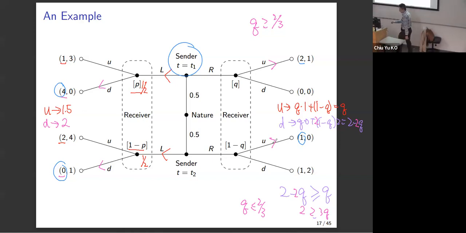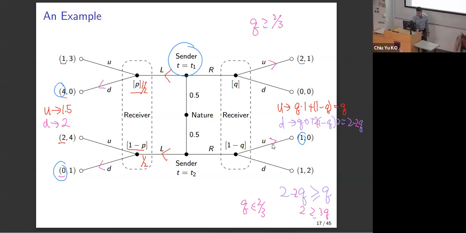So now we need to check another case, where Q is less than or equal to 2/3. In that case, D is chosen. Look at the sender. Sending L, we get 4 again. If he goes to R, he gets 0, so no deviation. Sender 2 in the equilibrium gets 0 again, but he will deviate, and he will get 1.